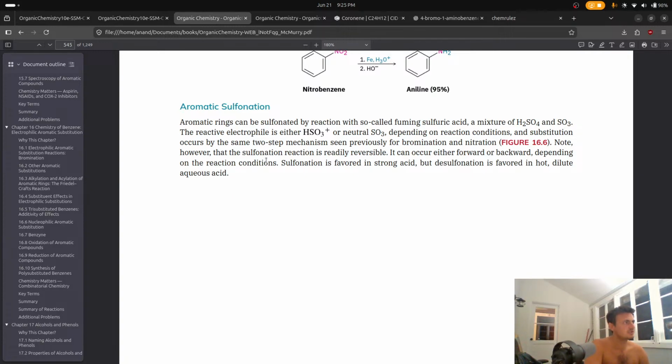And substitution occurs by the same two-step mechanism seen previously for bromination and nitration. Note, however, that the sulfonation reaction is readily reversible. It can occur either forward or backward depending on the reaction conditions. Sulfonation is favored in strong acid, but desulfonation is favored in hot, dilute aqueous acid.